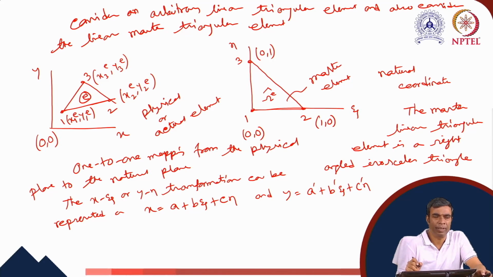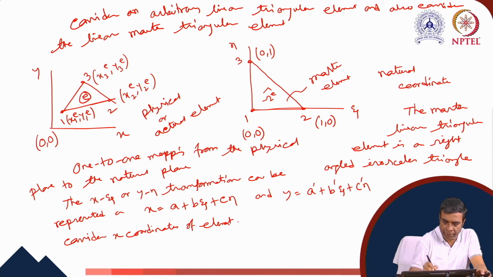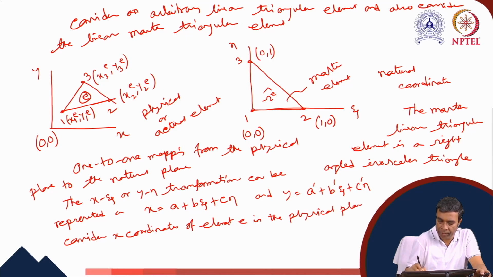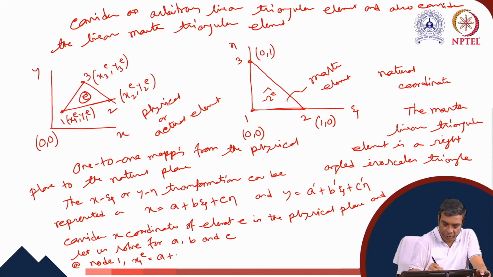So let us consider the x coordinates of element E in the physical plane and let us solve for A, B and C. At node 1, x equals x1e, this is A plus B xi, xi is 0, so B into 0, plus C eta.